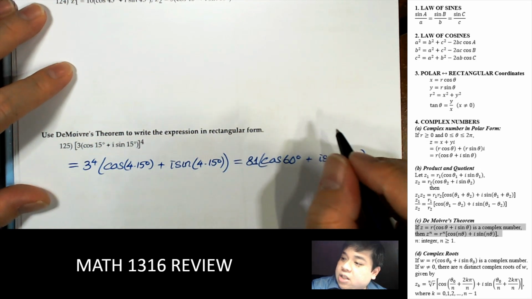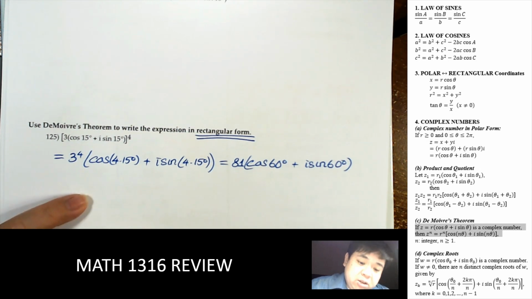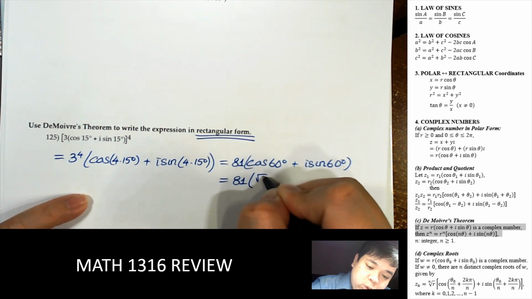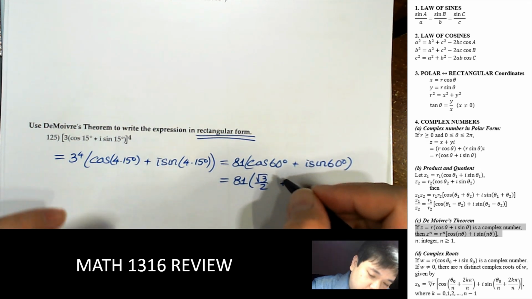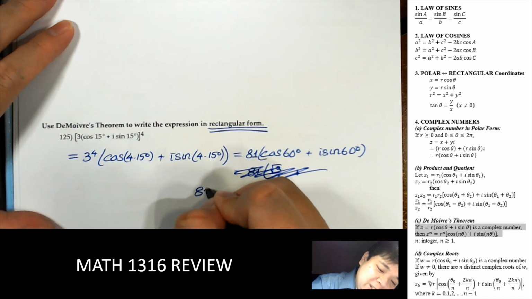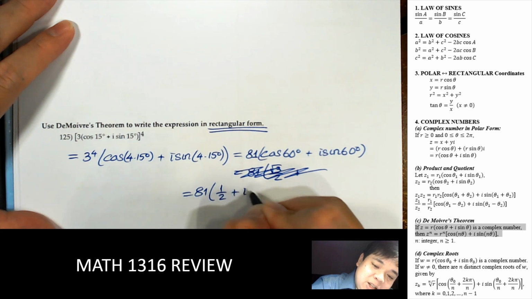That's good and all, except for this one, they want that in rectangular form. So let's convert this easily. Sorry, I've got them backward. Cosine of 60 degrees is 1/2, plus sine of 60 degrees, square root of 3 over 2.